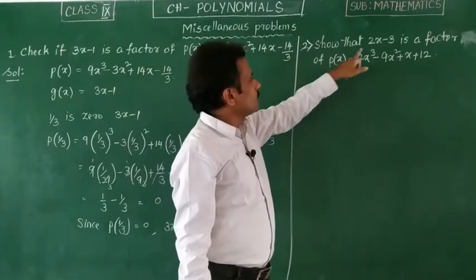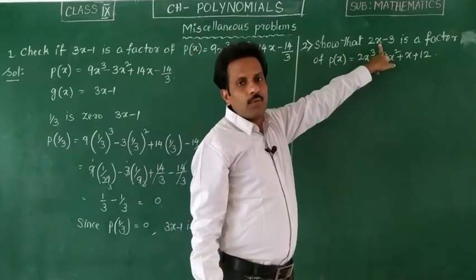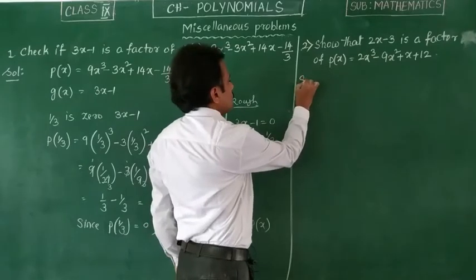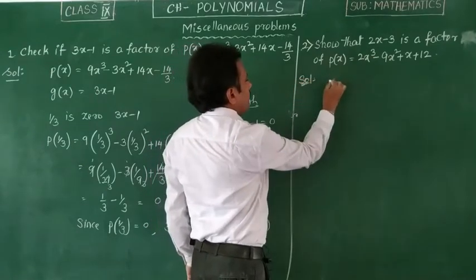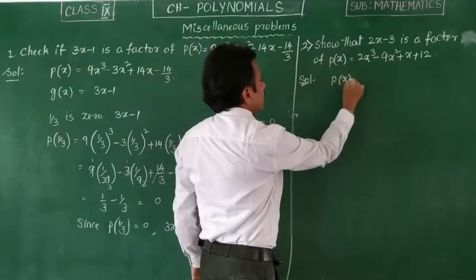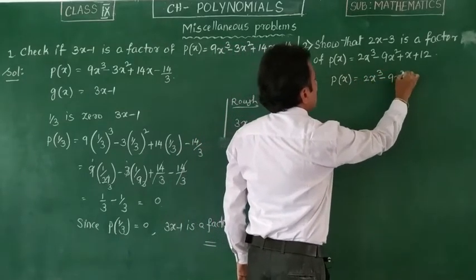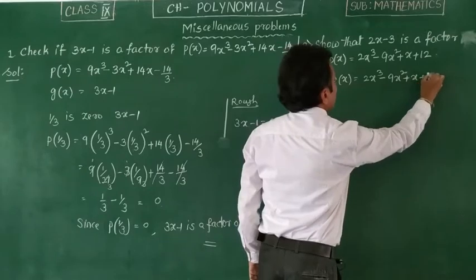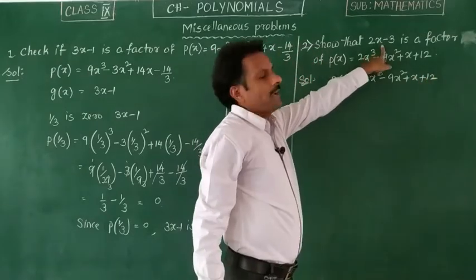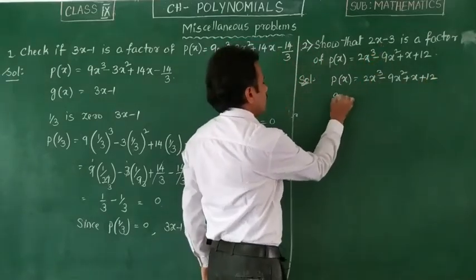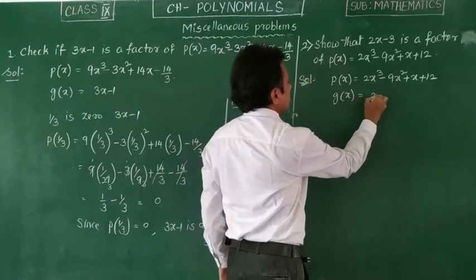So here also first we need to find the 0 of 2x minus 3. So let us start the solution here. The given polynomial p of x you write down, that is 2x cube minus 9x square plus x plus 12. The divisor that let us assume as g of x, that is 2x minus 3.